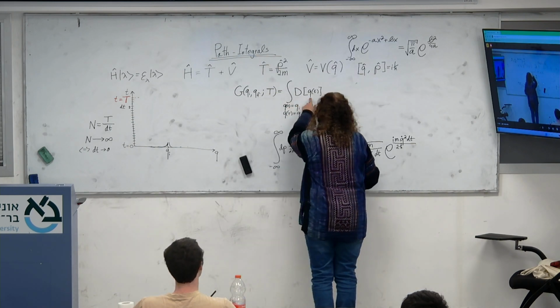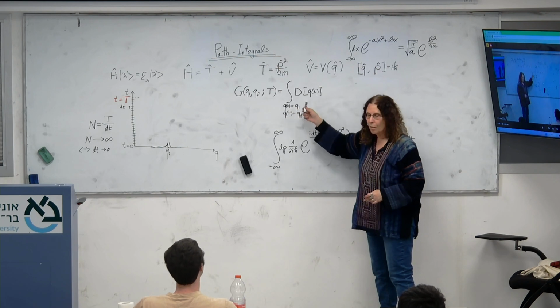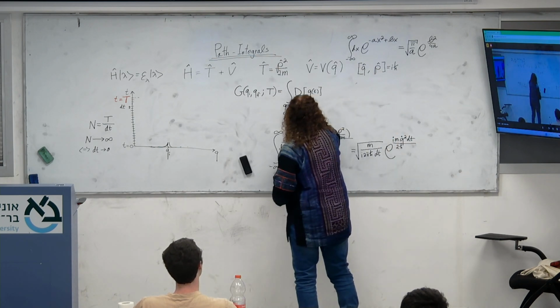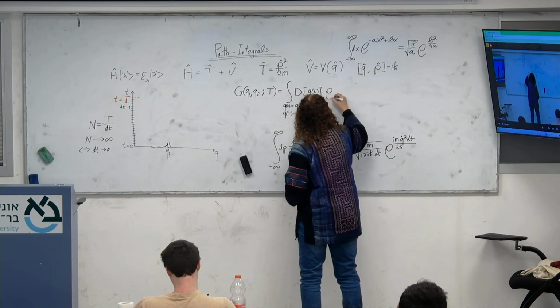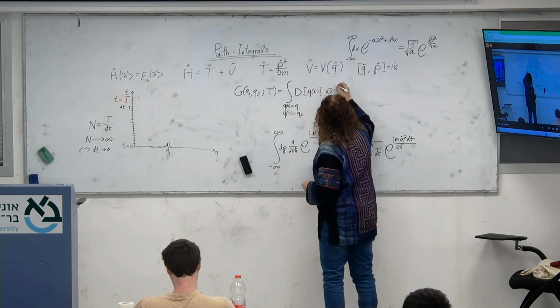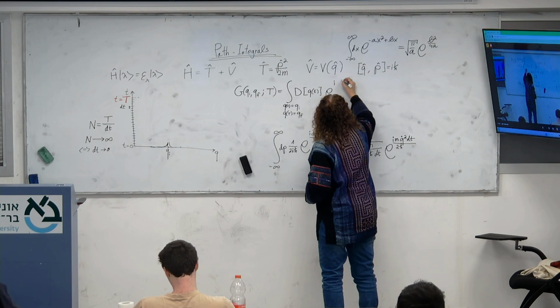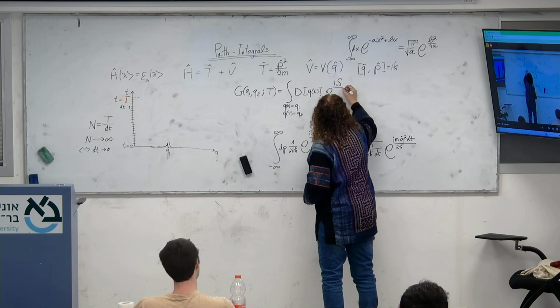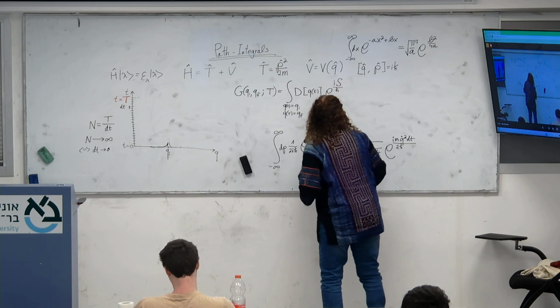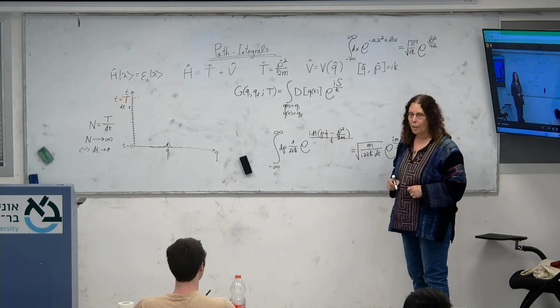And in between, I integrate over all possible Q of t's. I will define this in a minute, but the function that I'm integrating over is e to the i S over h bar, right? And S here is the action.